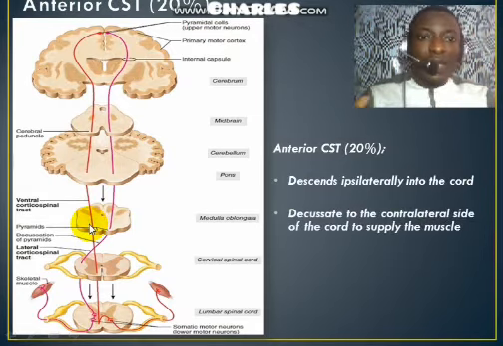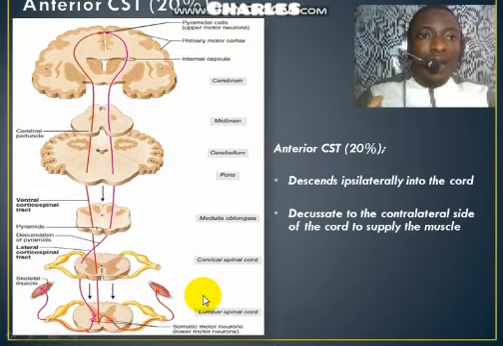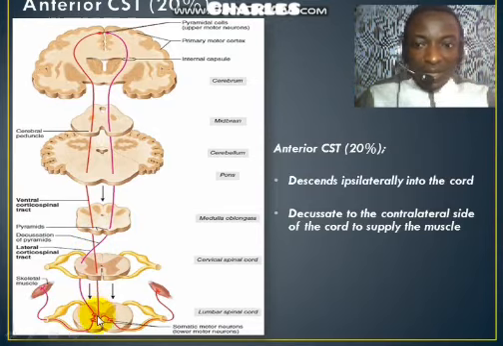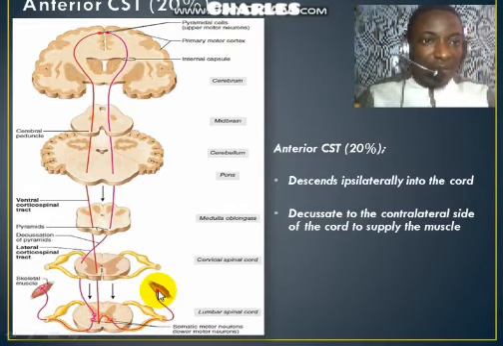Finally it decussates to the contralateral side of the cord to supply the muscles. Look, where is the point of decussation? It is still descending ipsilaterally, but when it finally gets to the spinal cord, it decussates, crosses over to the opposite side, and terminates at the skeletal muscle fiber.